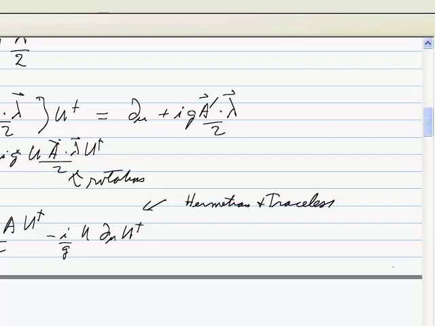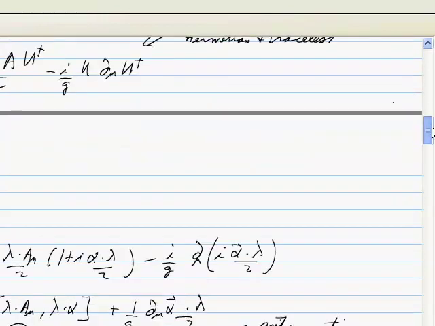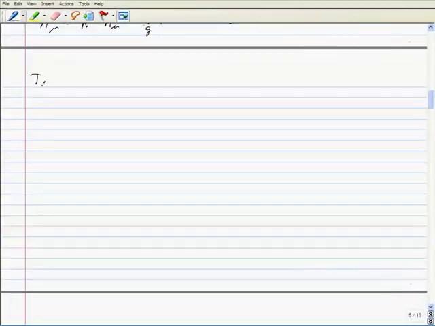These two pieces here are Hermitian and traceless. So since that guy is, this one had better be. It actually is a little proof. In fact, I have it written out. Actually, let me do the proof just to show you. There is one interesting technique in that. So let's do it quickly.